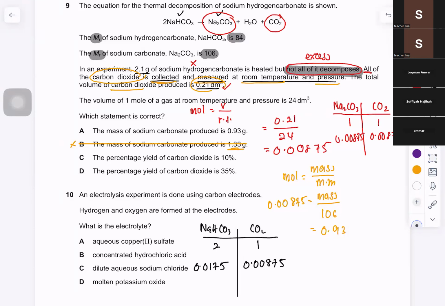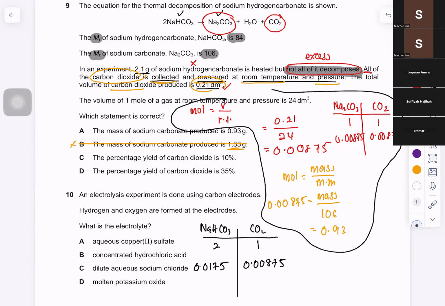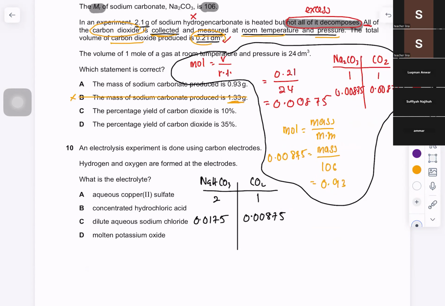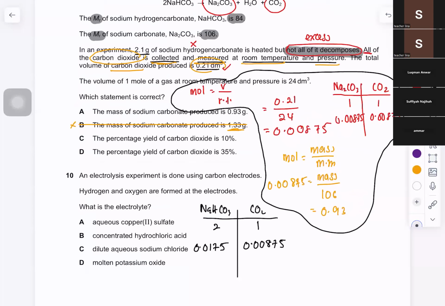Siapa confusing, let me know, we tahu teacher. Sekejap, teacher buat sini. Okay, satu. So then you got the sodium hydrogen carbonate. So you need to change to the mass.